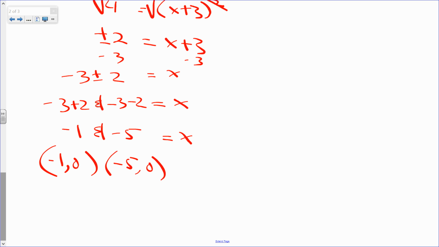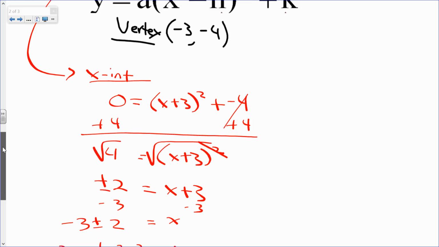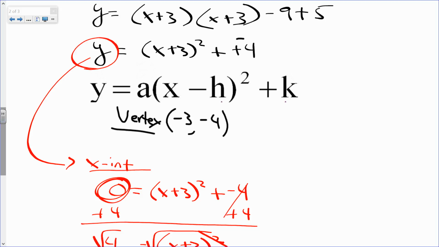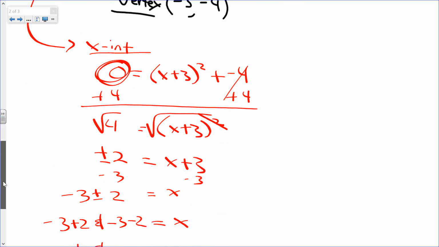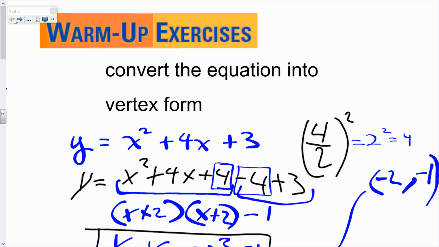Remember, y is 0. That's why we put y 0 right here. This used to be y right here. Here's the equation. We replace y with 0, hence the points are negative 1, 0, negative 5, 0. Let's go ahead and plot those on our graph paper.